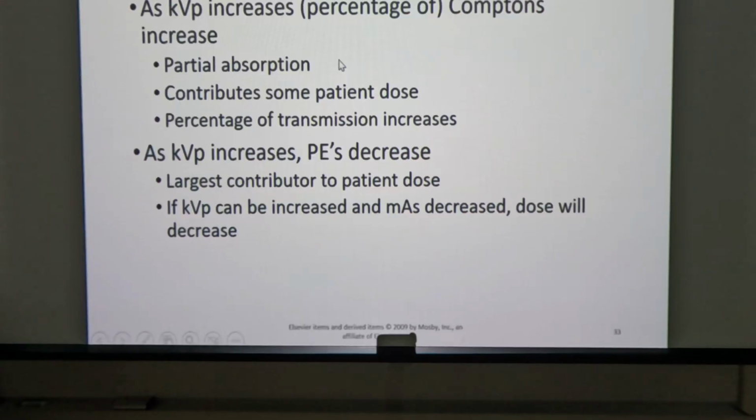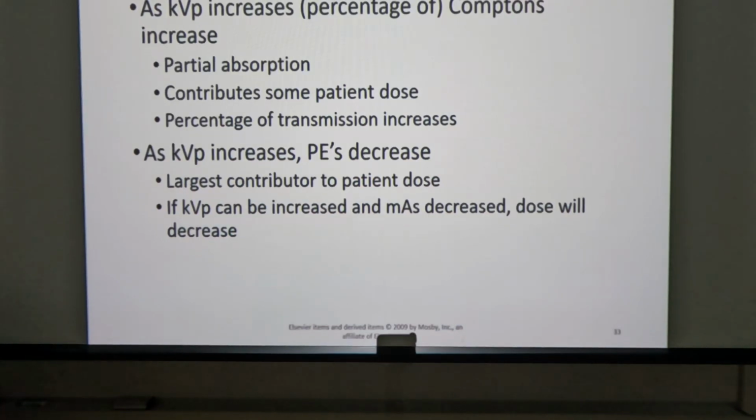So as kVp goes up, remember that the percentage of Comptons that we create changes a little bit, but it's not significant. What we really get is a higher percentage of the Comptons that are transmitted through the patient. And for that reason, we want to make sure that our kVp level is appropriate for the anatomy that we shoot, right?